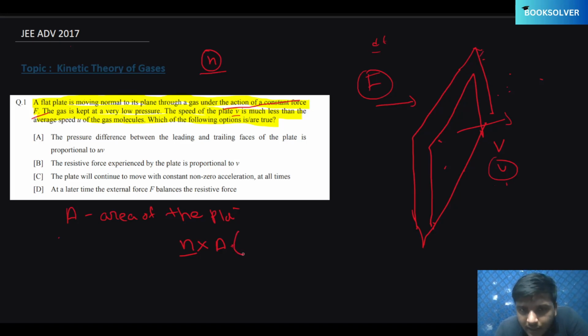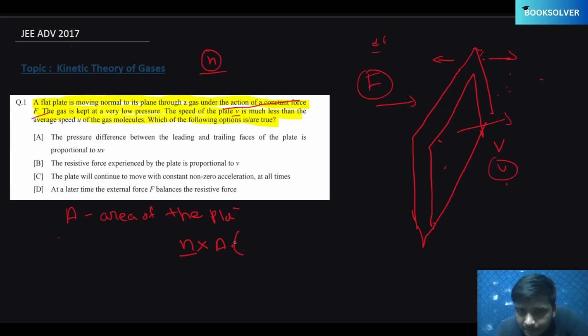So n into A. Now suppose there are n particles here. Some of them will be moving this side and some of them that side, since particles are moving both towards the plate and away from the plate.